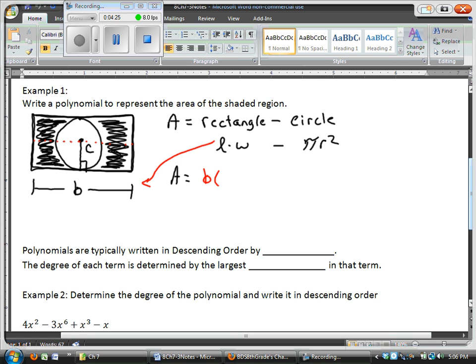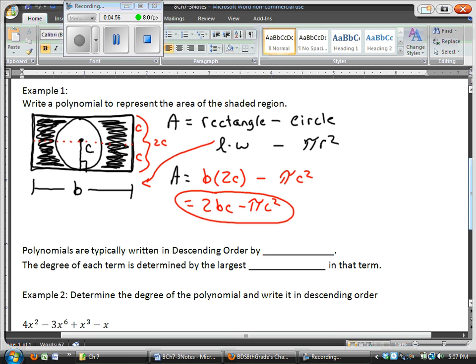So I can know that this length here is c, and this length here is c. So this entire length is 2 c's minus pi, and I already said that my radius was being called c in this example. So the final answer is going to be 2bc minus pi c squared.